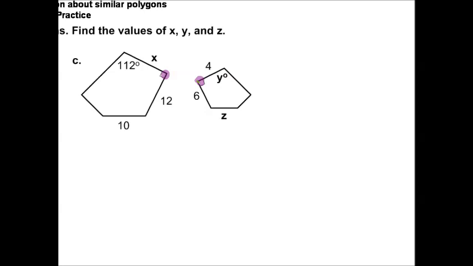Everybody see that? So that side goes with that side. And then that would make this side go with that side. This side go with that side. And then finally, angle-wise, this one would go with this one.